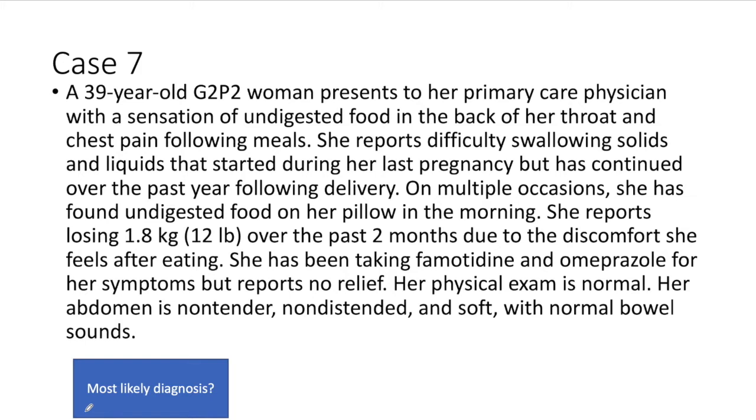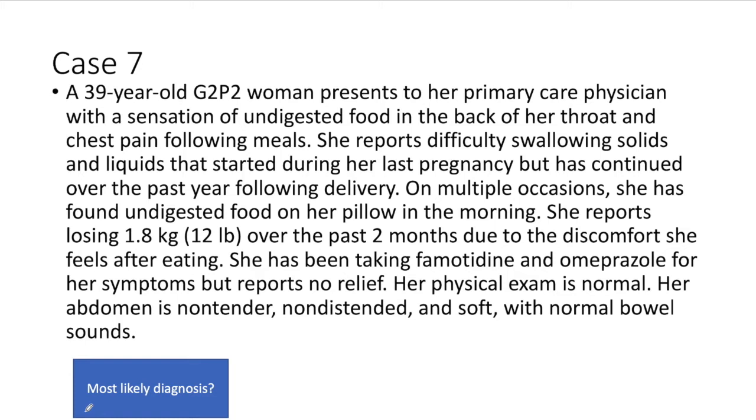So achalasia is really where the lower esophageal sphincter just decides it doesn't want to relax anymore. And now whenever our patients eat, we have accumulation of food upstream of our stomach.